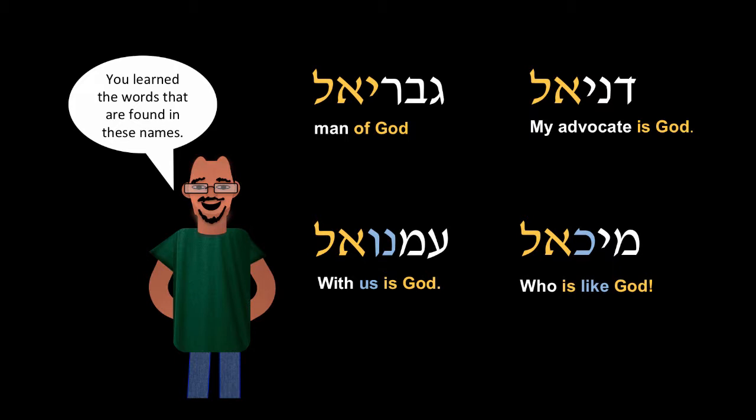And then we had Gabriel, man of God, which was a phrase. And then we had Michael, which is who is like God. I have to say it's one of my favorite. And then finally we had with us is God. Now, sometimes you hear it like in the songs, God with us, but really it's with us is God.